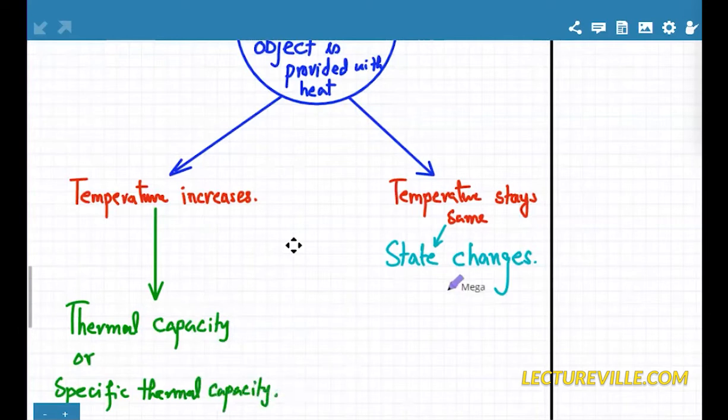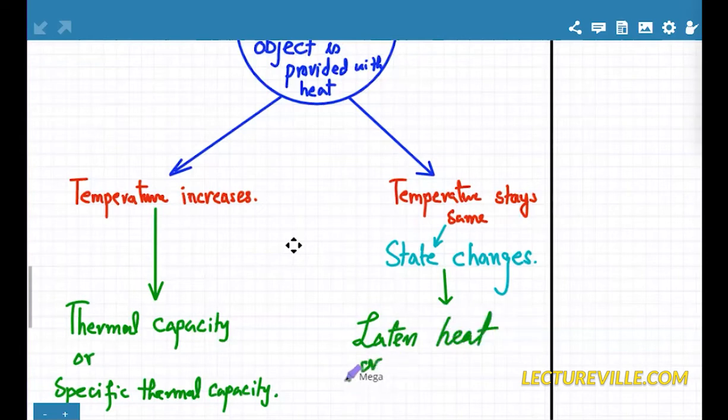And this heat energy also has a name. It is latent heat, or specific latent heat.